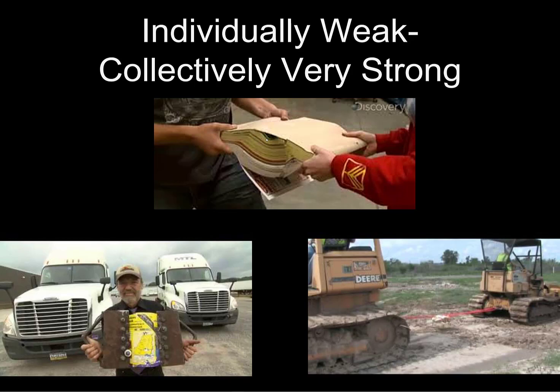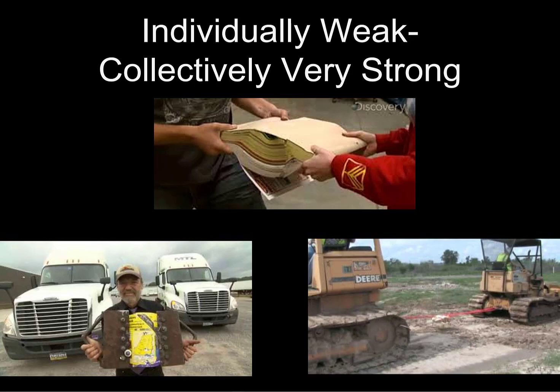You may have seen this on TV shows. I forget the name of it, but they would show how strong this interaction was. I'd have the two students try to pull the phone book apart, and they couldn't do it. It's that strong. So it just shows you the individually weak and collectively very strong concept.